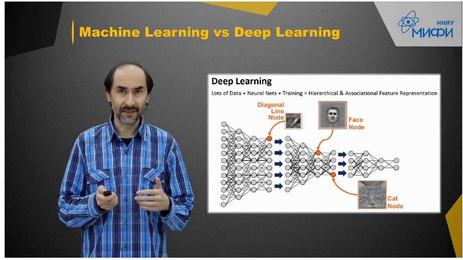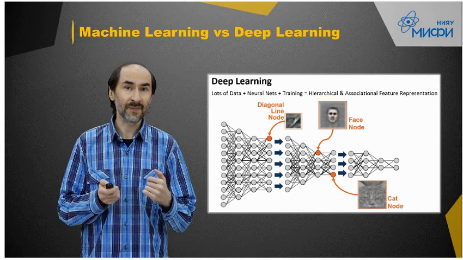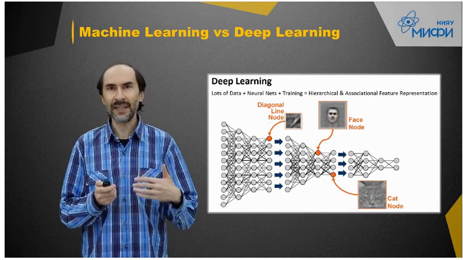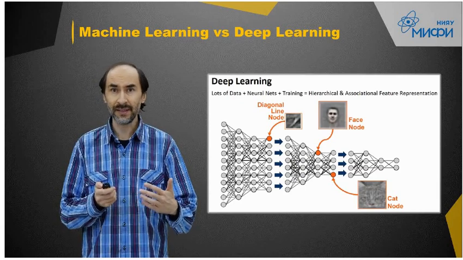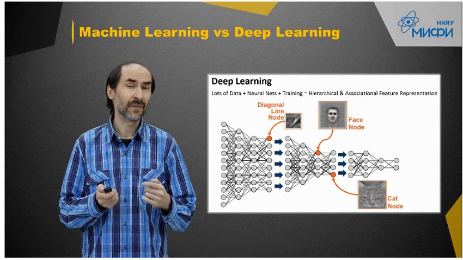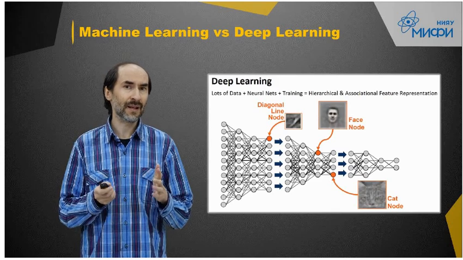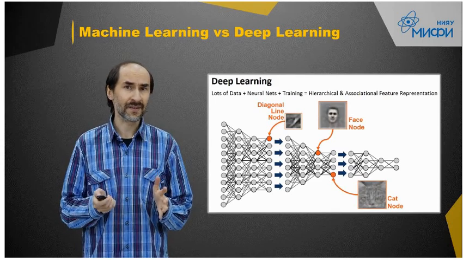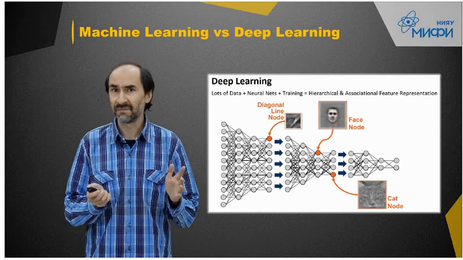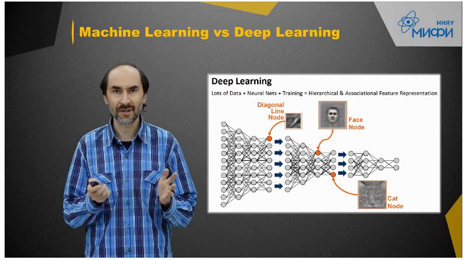The next layer receives this new representation of the original image in terms of these primitive geometric figures and constructs a new representation, already a representation of a representation, and so on. Each subsequent layer constructs a more high-level representation, and the features at the output layer can be related, for example, to faces or cars or trees and so on.